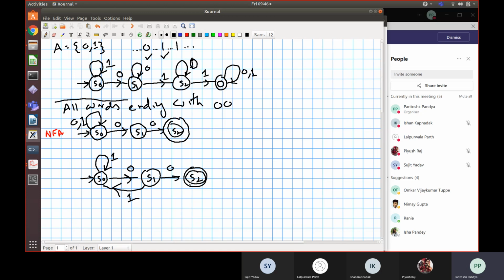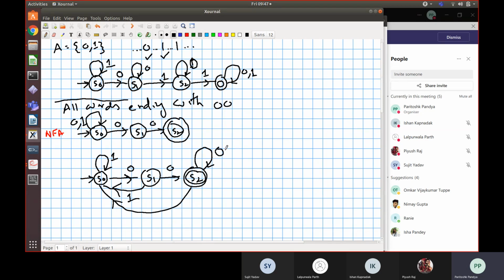But after this, if a 1 occurs, return to S0. If a 0 occurs after this, return to S2 itself, right? Because this remains a candidate. You know, maybe this was not the second last, this was the second last, right?